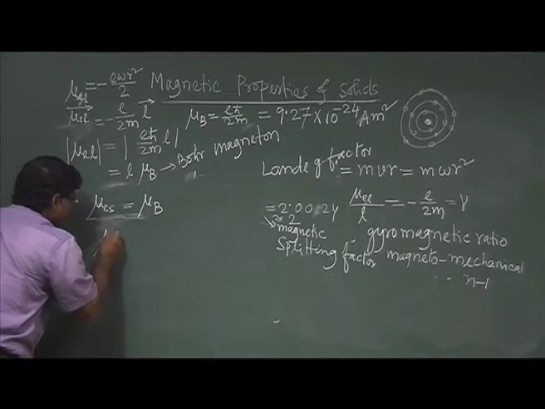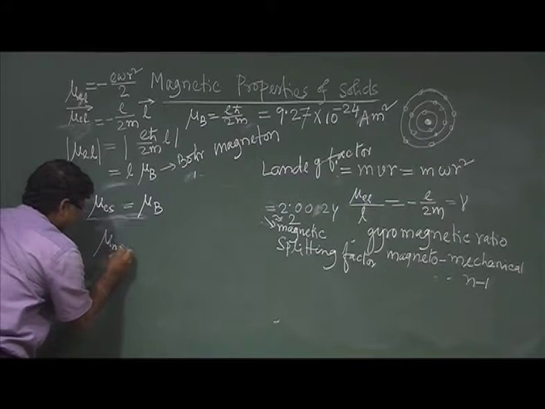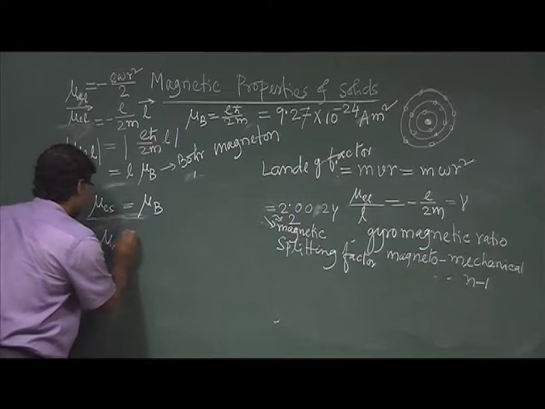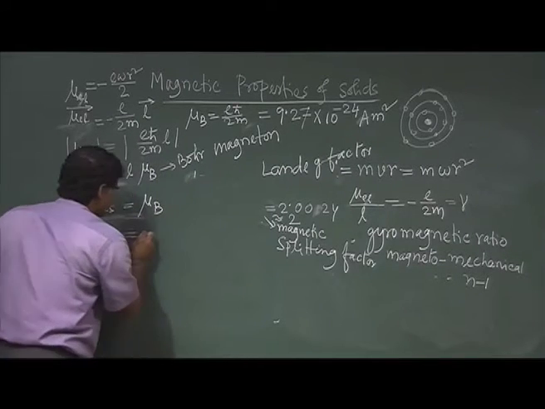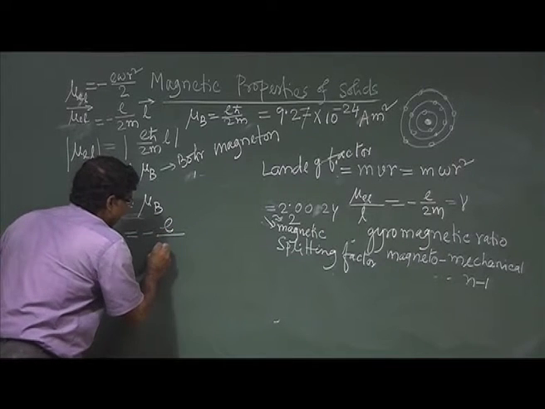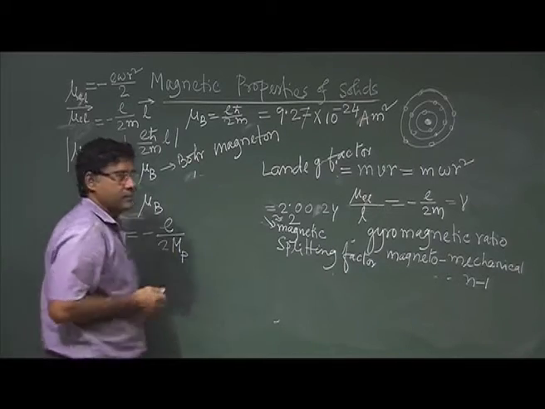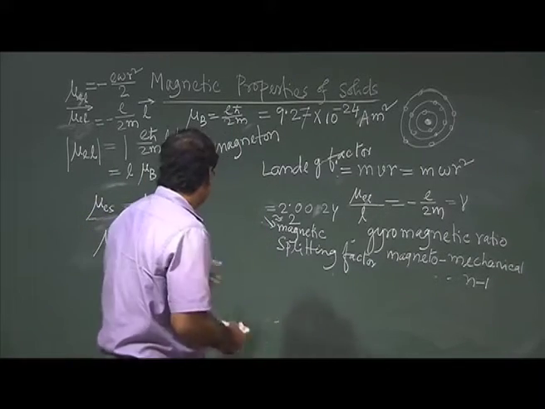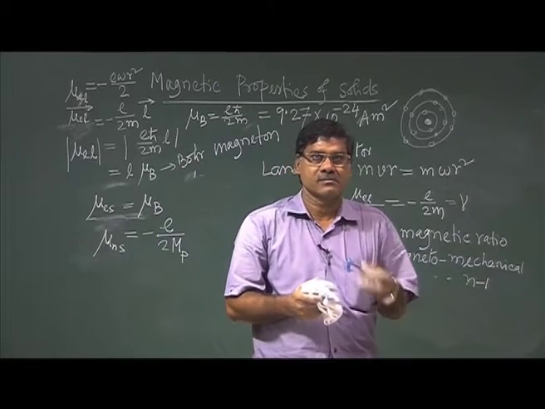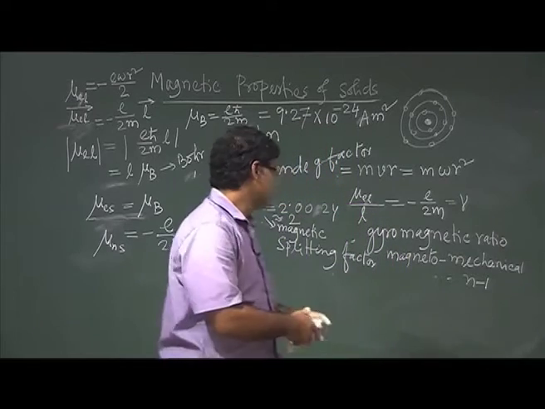If you write mu_n for the spinning motion of the nucleus, again it is e by 2m_p, where p denotes the mass of the proton.